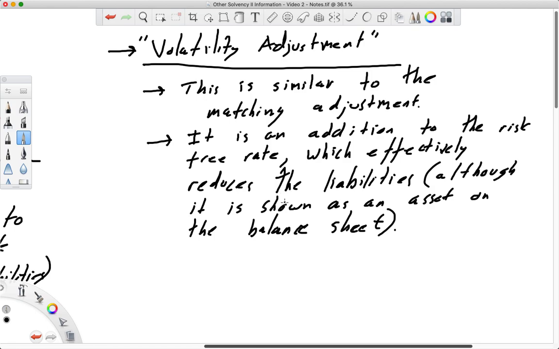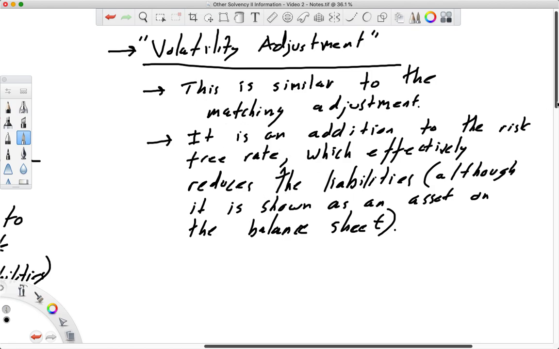The way in which you actually show the effect is you have your best estimate liabilities discounted normally, and then the impact of the volatility adjustment, like the matching adjustment, is shown as an asset effect on that side of the balance sheet. But it comes to the same thing. You're ending up reducing capital.